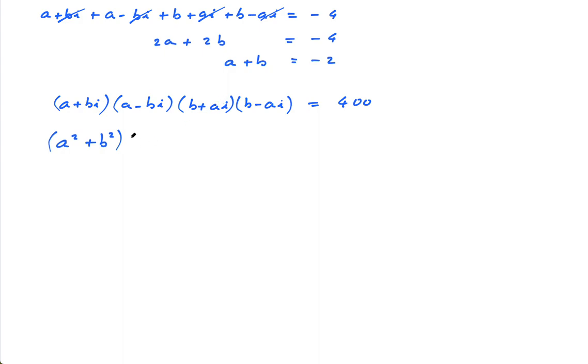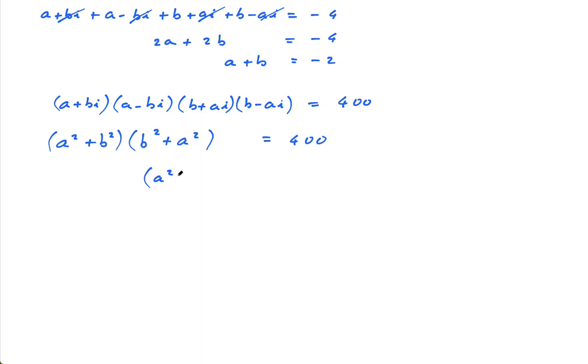And then this is similar here. This is going to be b squared plus a squared. This equals 400. Now this times this is the same as all of this squared.